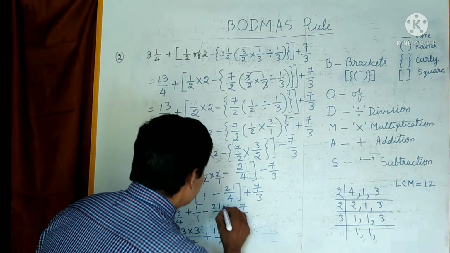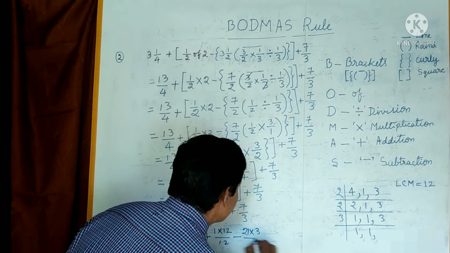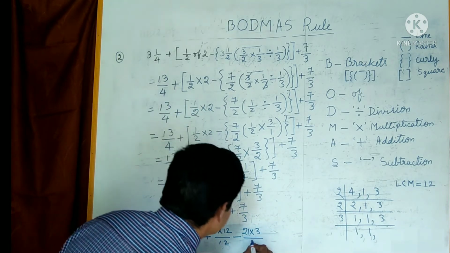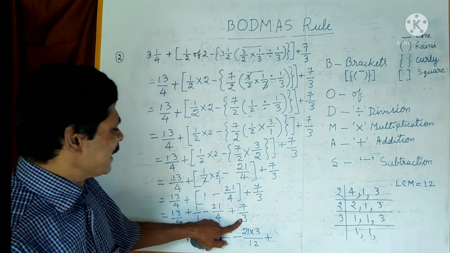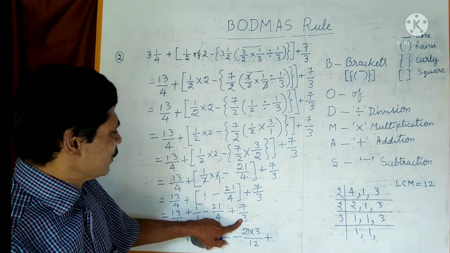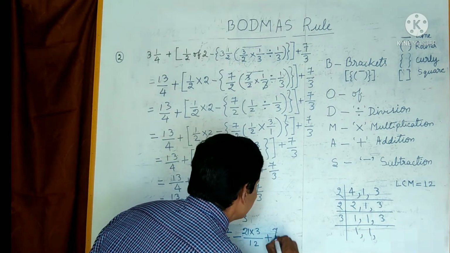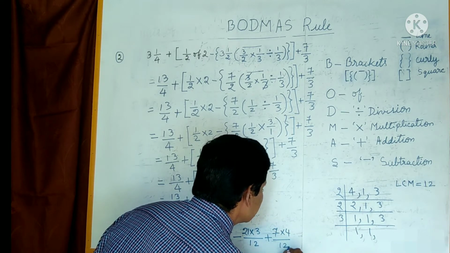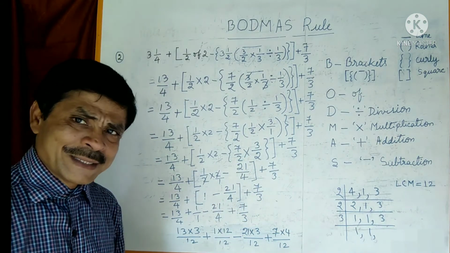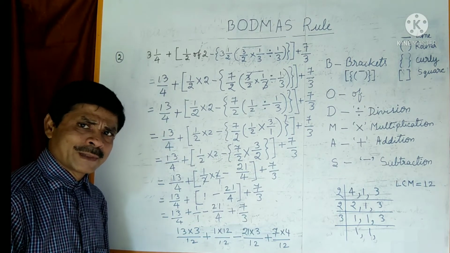So 21 into 3 we will get 12, plus 3 4s are 12. So 7 into 4 we will get 12. That means we have to multiply numerator and denominator with the same number.